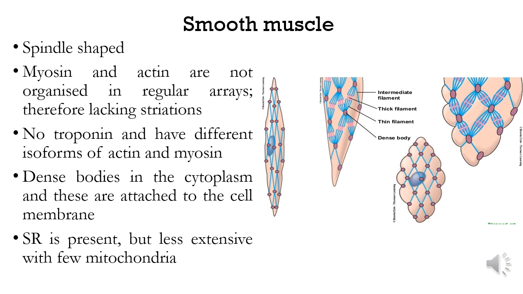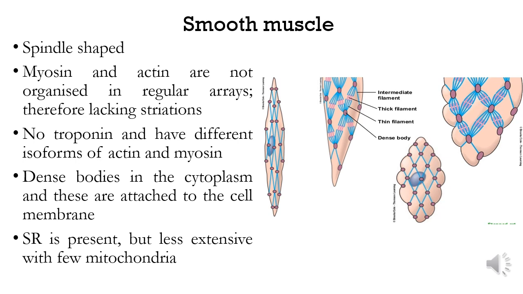We see the thin filaments are attached to these dense bodies, and we also see the dense bodies right on the sarcolemma component. We also observe that there is no troponin, and they have a different form of actin and myosin, which we'll get into details very soon.